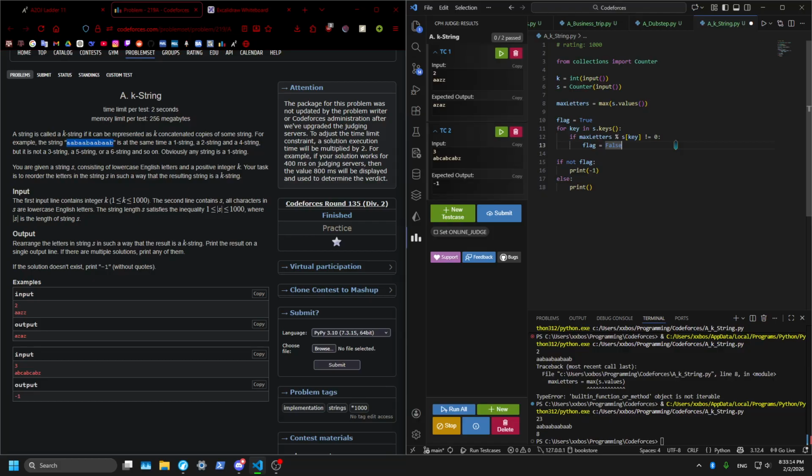If you can make it a four string, you can automatically make it a two string and a one string. If you can make it a six string, a little bit lost.